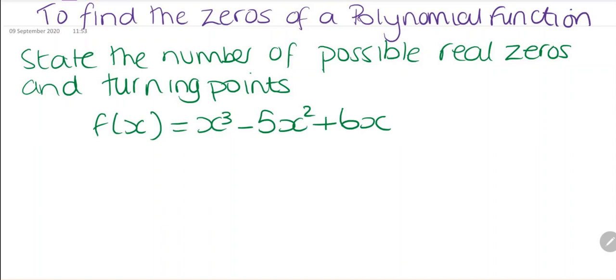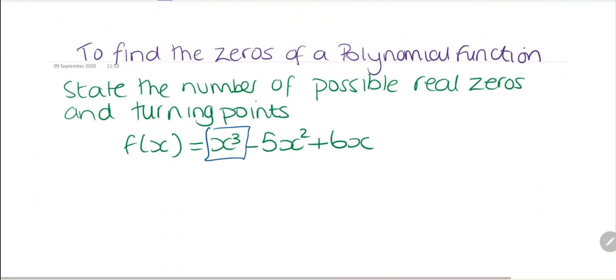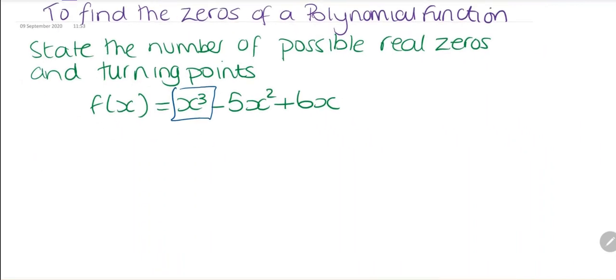So what do we know? Looking at the leading coefficient and the highest degree, this is 3. So the maximum number of roots that we're going to have is 3, the same as the leading degree.